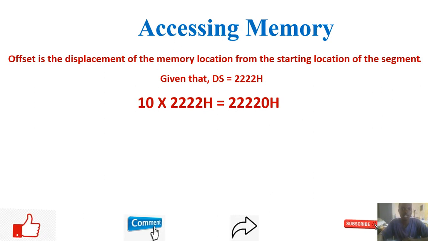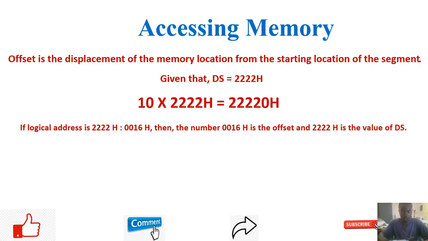That is multiplying the data segment register value by 10, which gives us quad 20. So after appending the 0, the starting address of the data segment becomes quad 20 hexadecimal value.